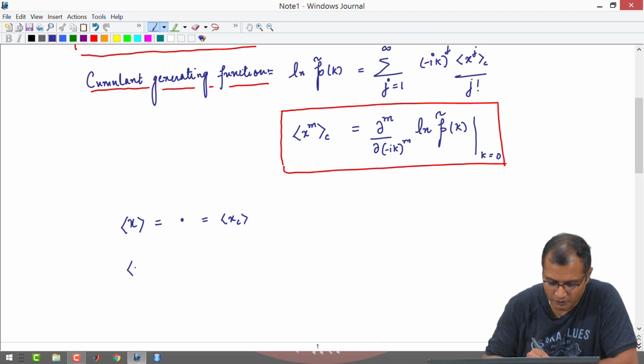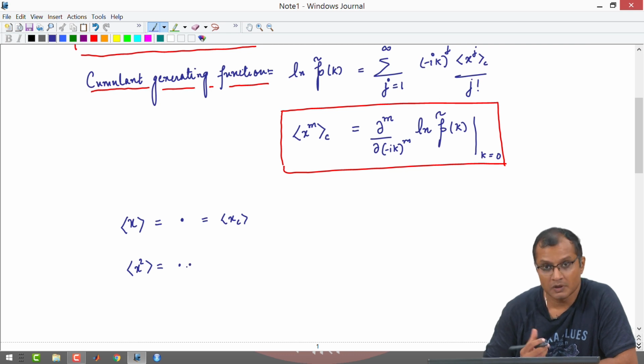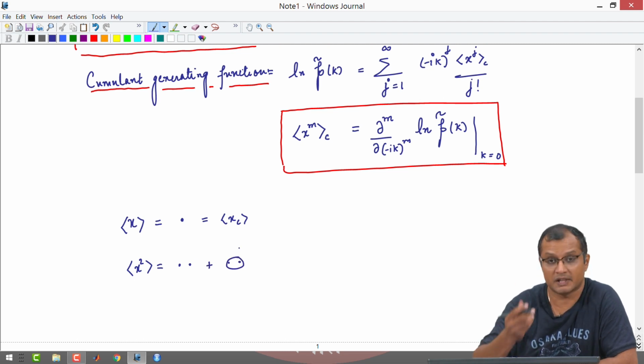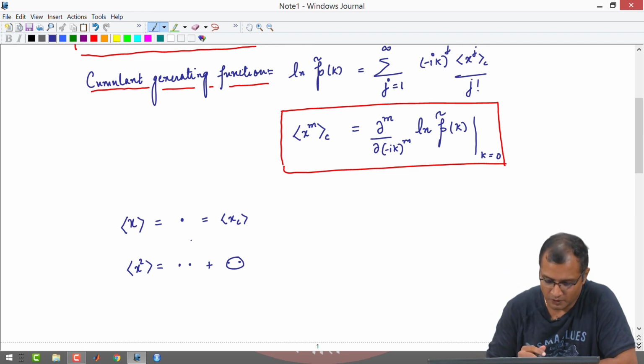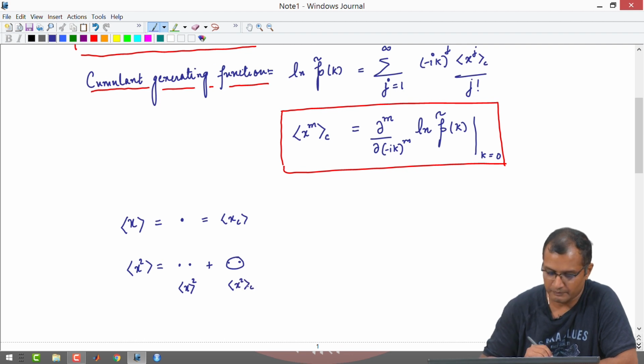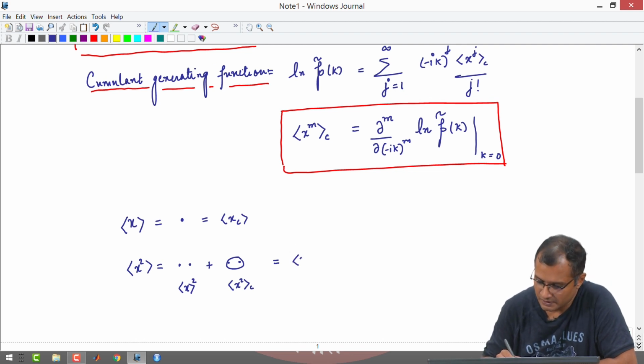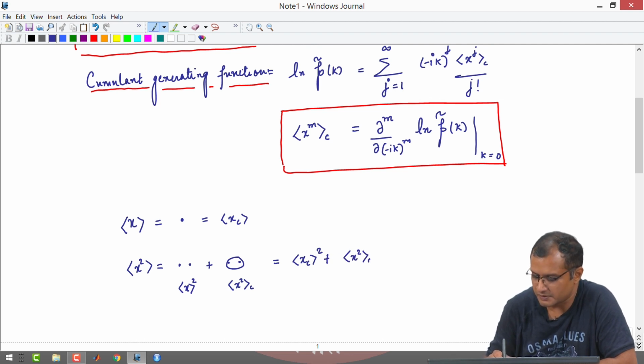Now, if you want to show the second moment, you use 2 dots, but now you can keep them disconnected, and you can also connect the 2 dots. With 2 dots a connection is possible. So, when you do not connect them, this is nothing but the first moment, and there are 2 of them. So, it is first moment squared, and the 2 dots that you have connected by our logic is the second cumulant. And since we call the first moment the first cumulant, this is nothing but first cumulant squared plus second cumulant.